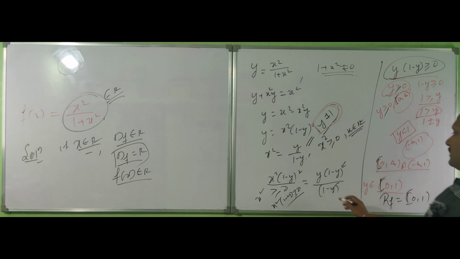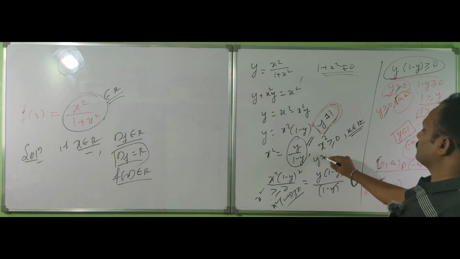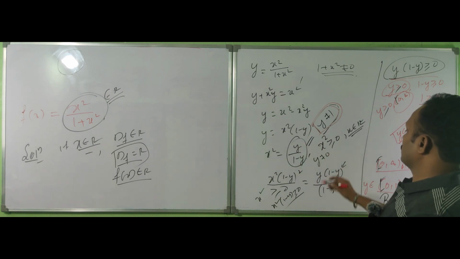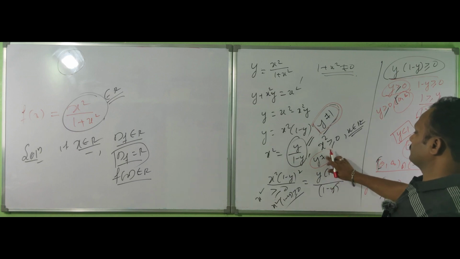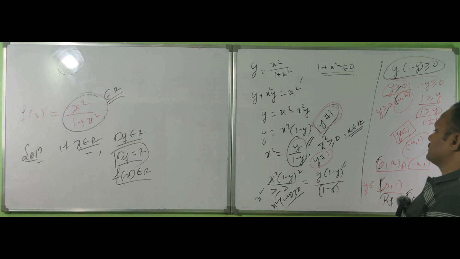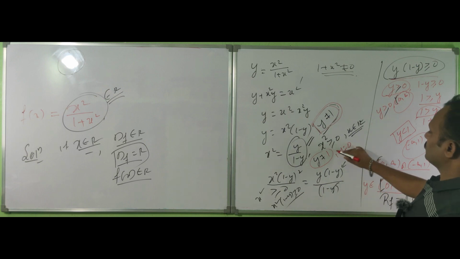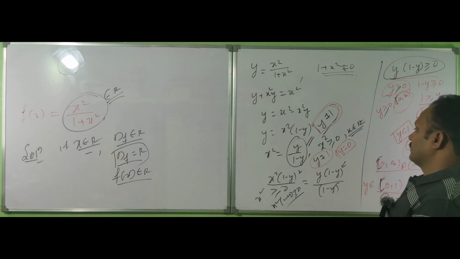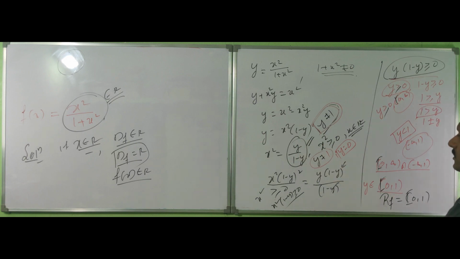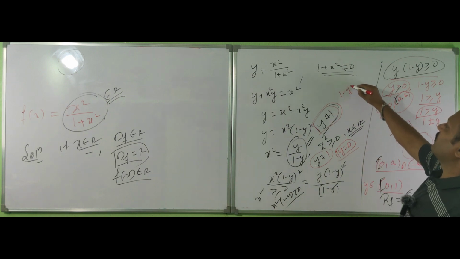This maybe happens where y is not equal to 1 only. Here y is not equal to 0 only. If y is equal to 0, you can write 0, yes, you will get 1 only. You can write y equal to 0, because 1 minus y you can write 0.